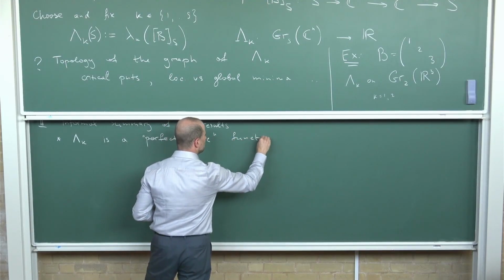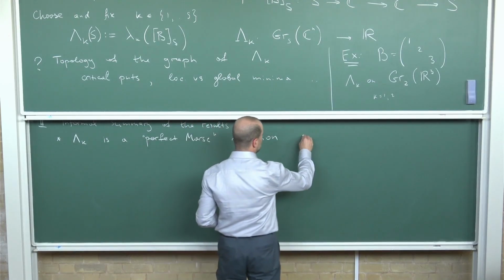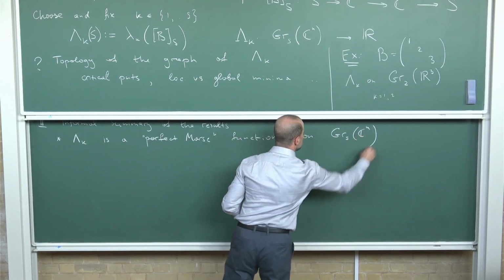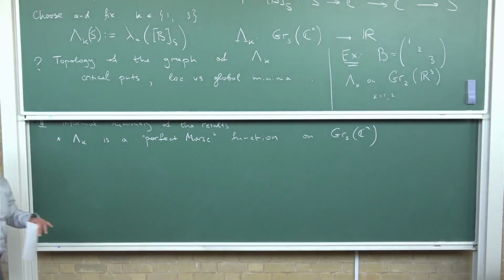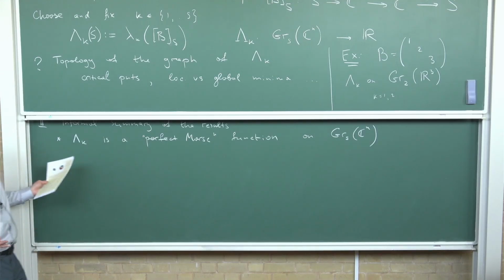In the appropriate sets, on the Grassmannian, on the space that it's defined on. A perfect Morse function means that it has as few critical points as possible. In particular, it doesn't like to have local minima that are not global minima, because that would be too much. It doesn't have any extra critical points.